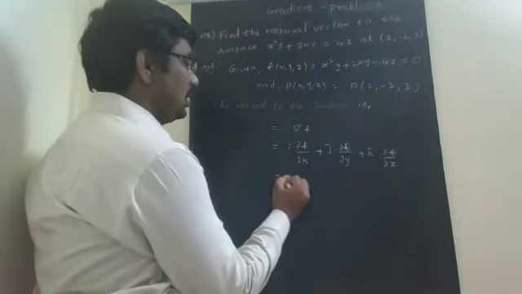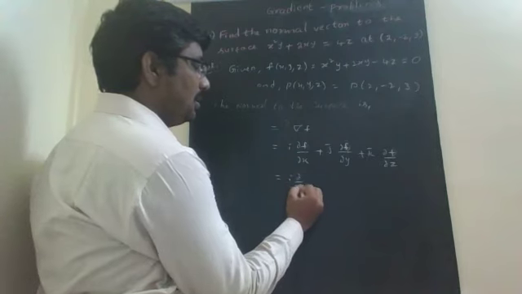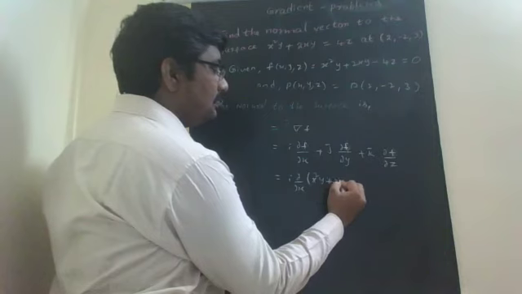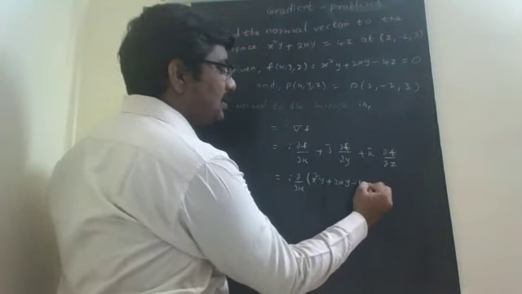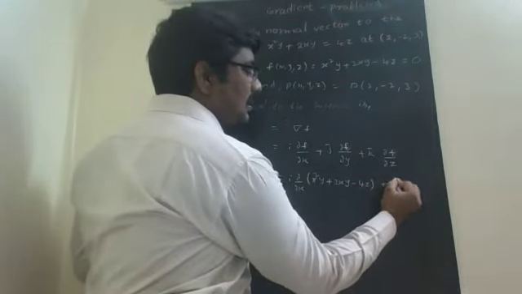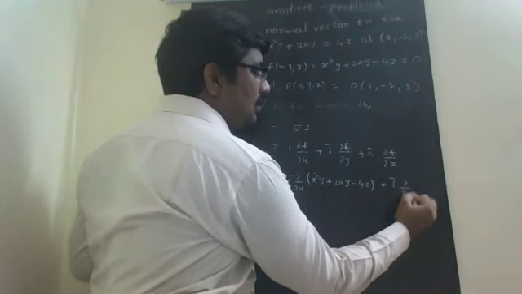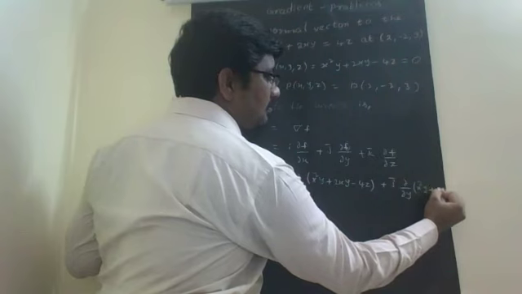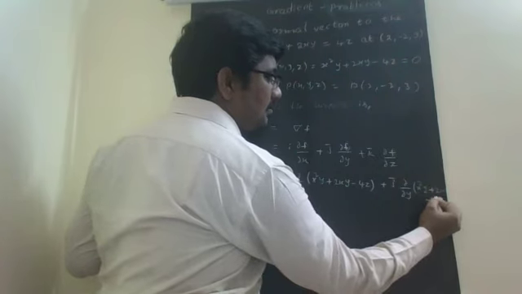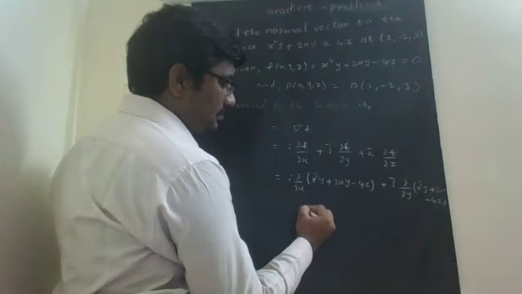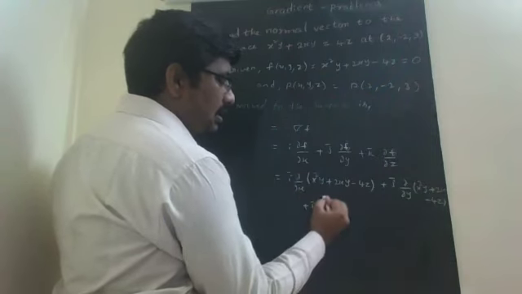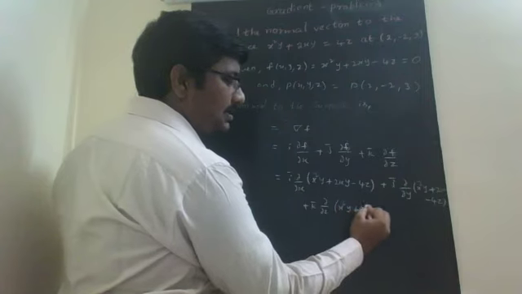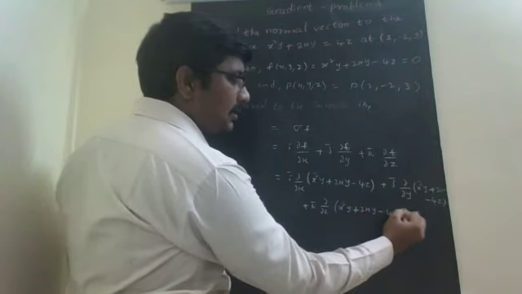So i into dou by dou x of f, but what is f here? x square y plus 2xy minus 4z, plus j bar dou by dou y of x square y plus 2xy minus 4z, plus k bar into dou by dou z of x square y plus 2xy minus 4z.